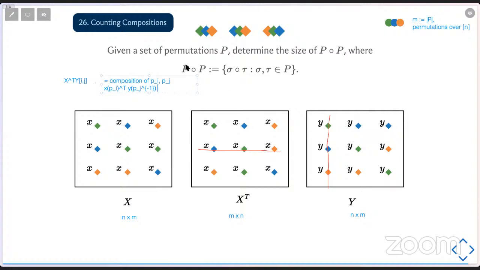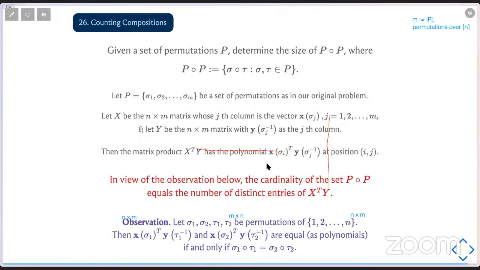Okay, so for those of you more comfortable with notation, let me go back to the slide which had the wall of text and we'll verify what we just said. In X, the columns are going to be X sigma J, where sigma J is the jth permutation in my collection. And in Y, the jth column is going to be sigma J inverse. When I skipped to the picture, I may have said that X and Y are the exact same matrices.